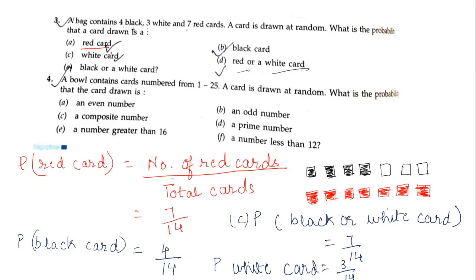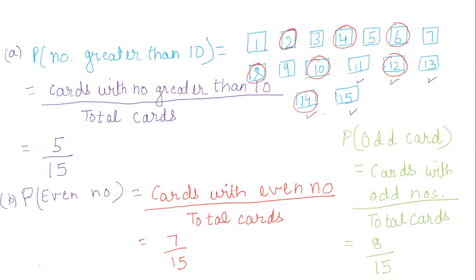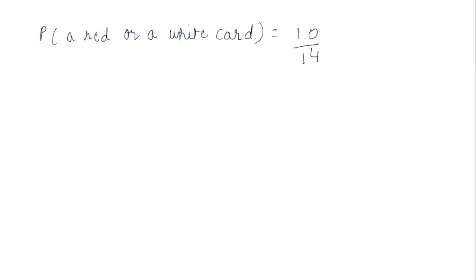Now we can also do it orally. देखिए 1 to 25 में even numbers क्या होंगे? Probability of getting an even number.